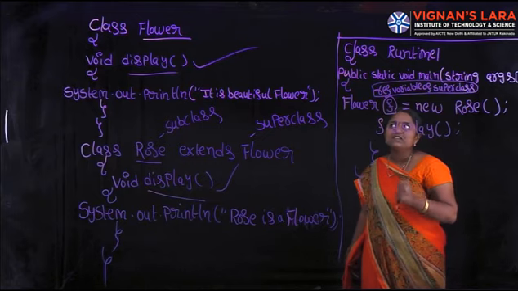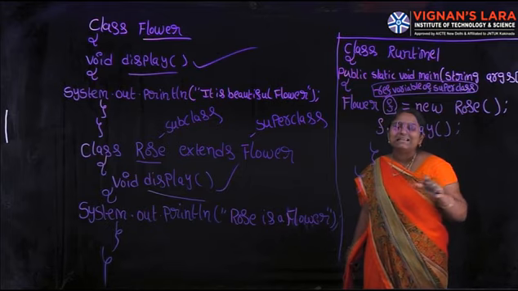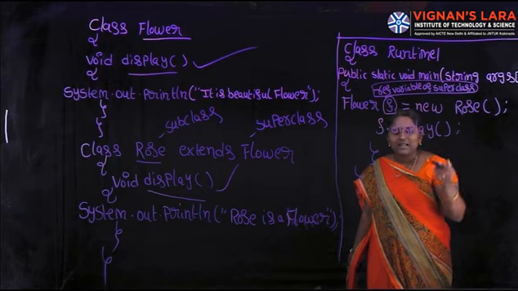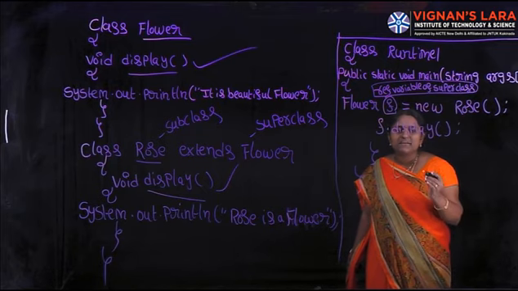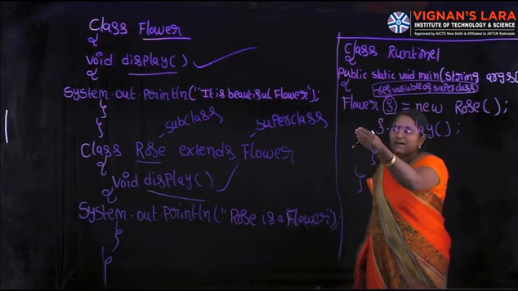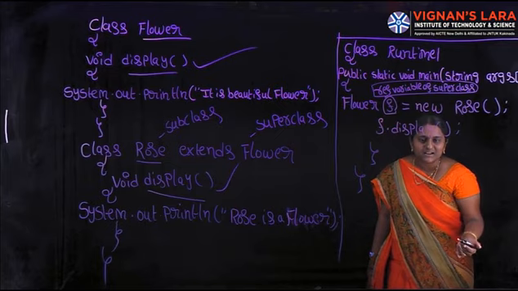In this process, the superclass methods are hidden. It is known as method overriding. At runtime, if the methods participate in method overriding, the JVM takes its decision at runtime.